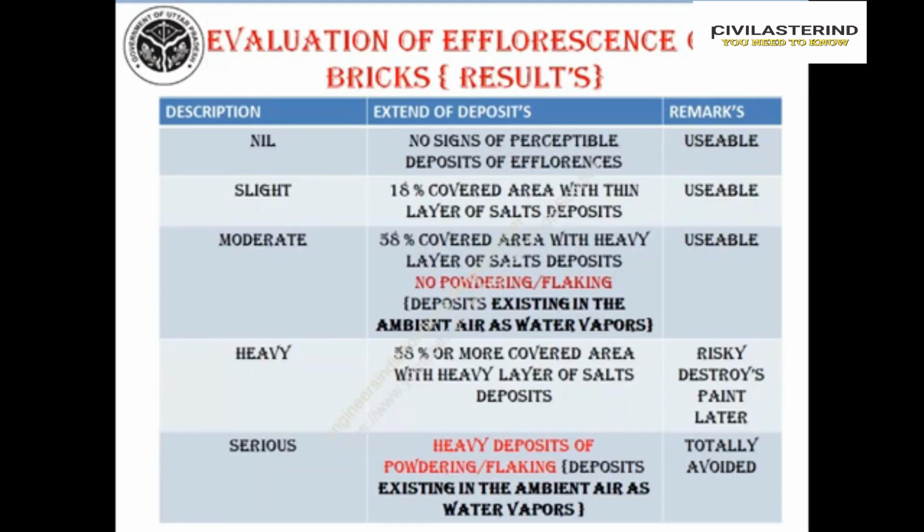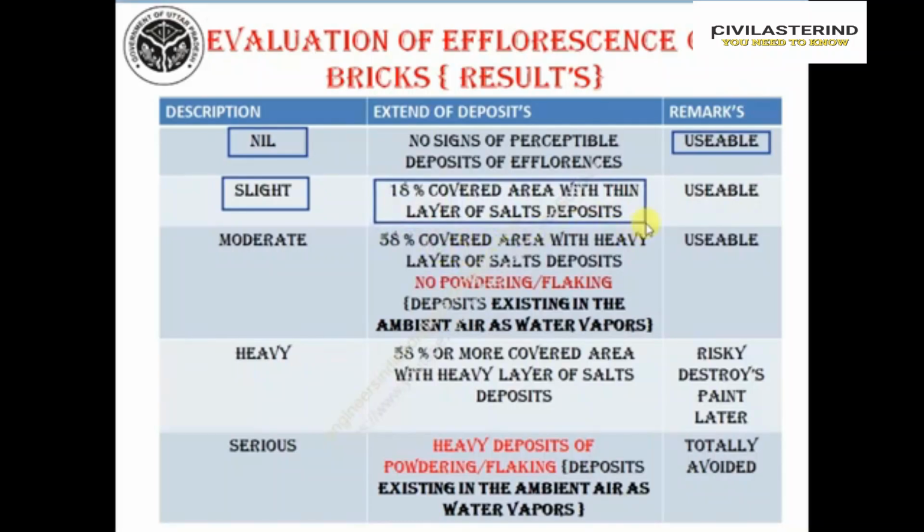If it does not have any efflorescence mark on it, you are easily able to use that brick without any hesitation. Then if it has a slight efflorescence marking on it, and this marking is up to a level of about 18%.